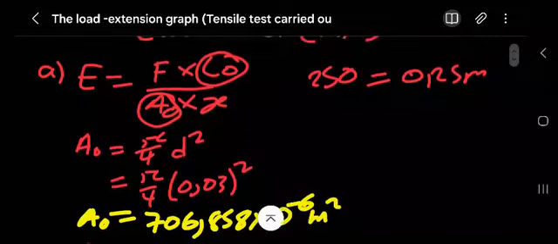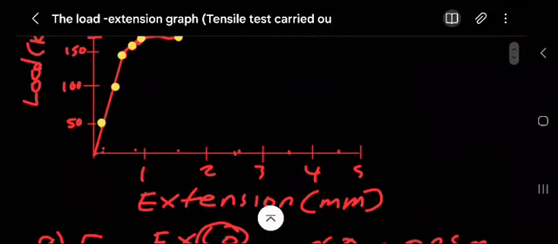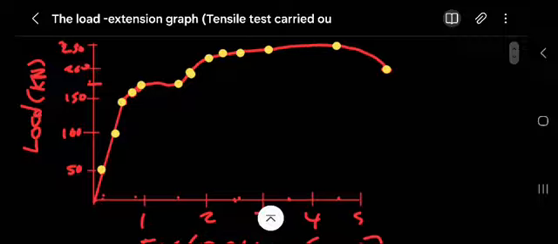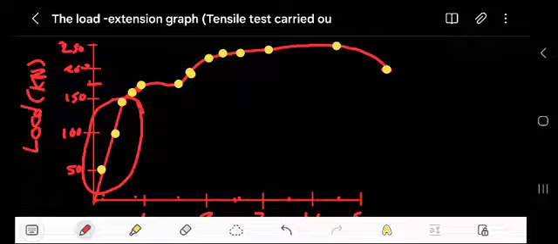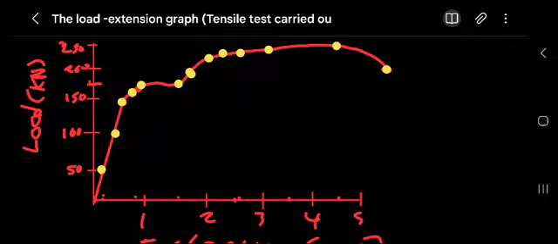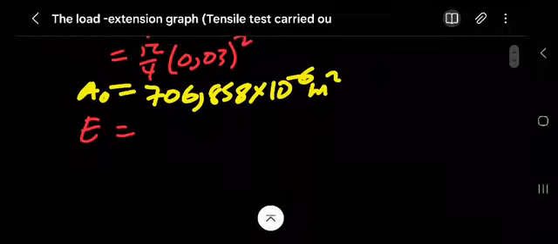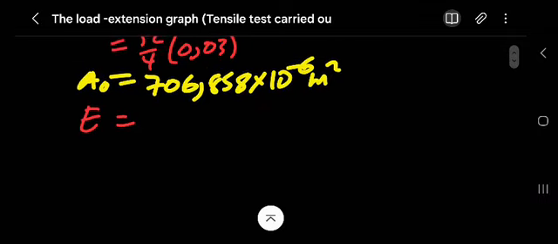Take any force between the line where it is straight, between this point, the proportional limit. You can take 100 or 150 or 50, it is up to you, but it must correspond with what you know. So I can take 150 because it's clearly there.